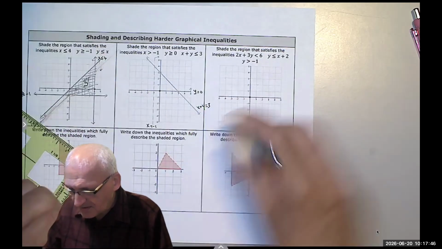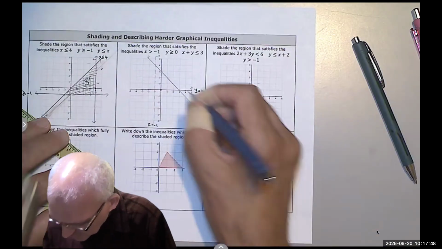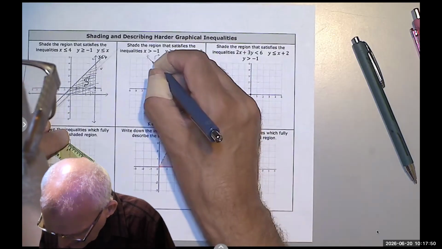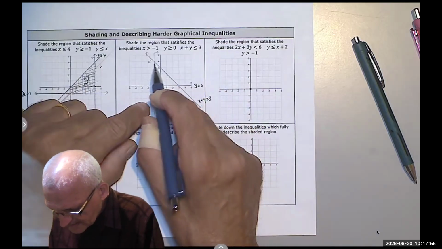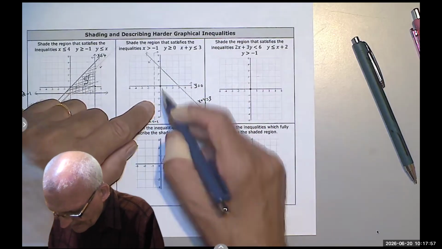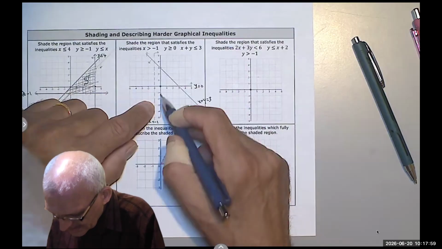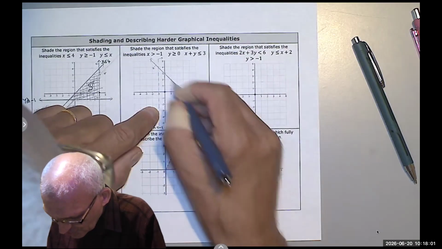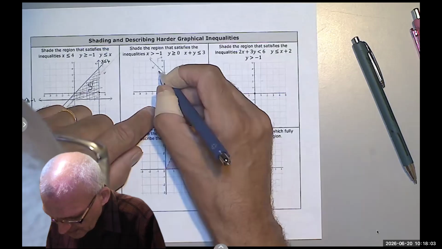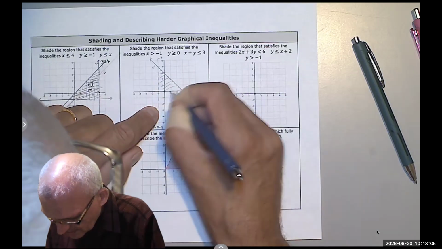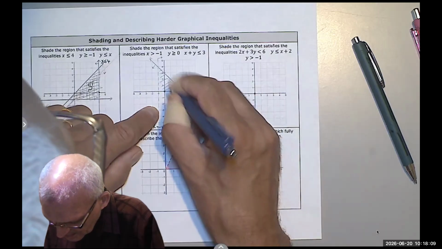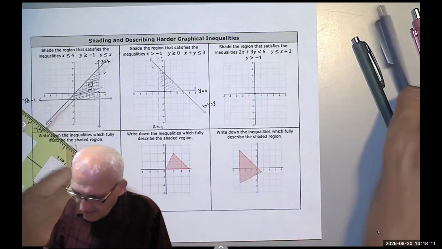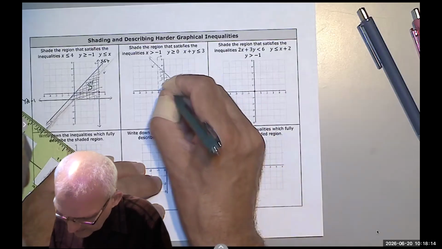But I want x plus y to be less than 3, so I am below this line. So to the right of this line, above that line, and below this line, so it's this triangle, not including the dotted part. So you shade this, right? And this is my solution space.